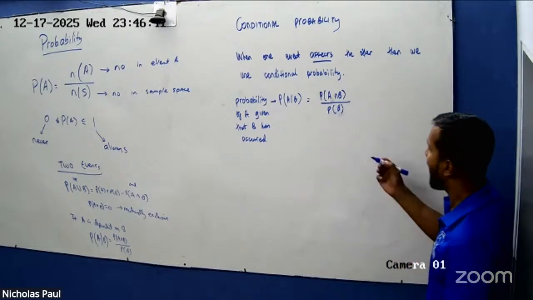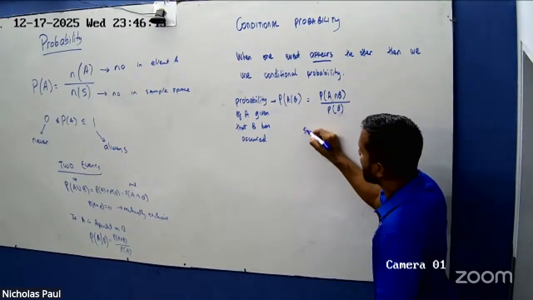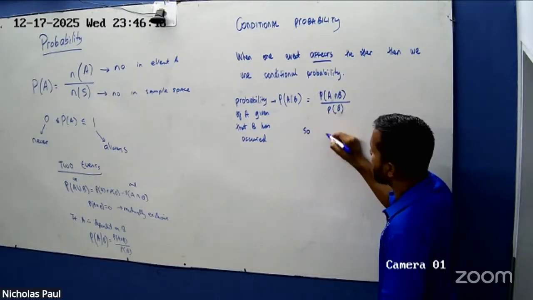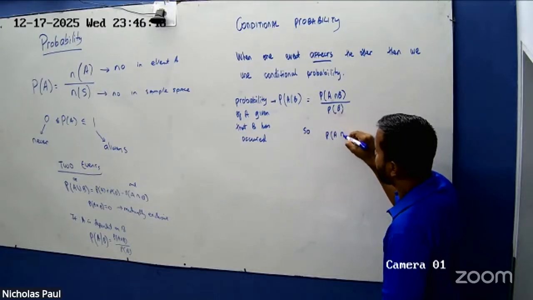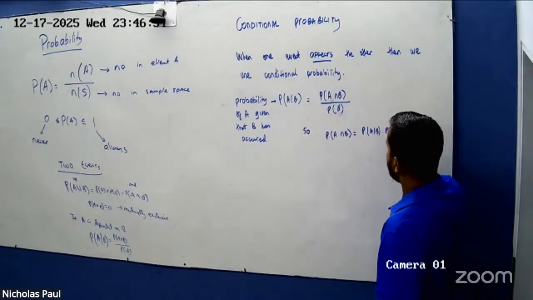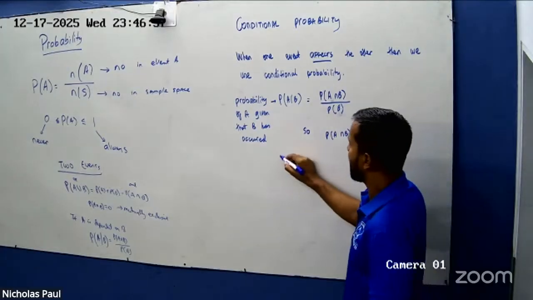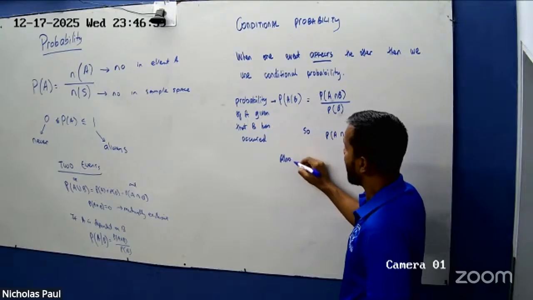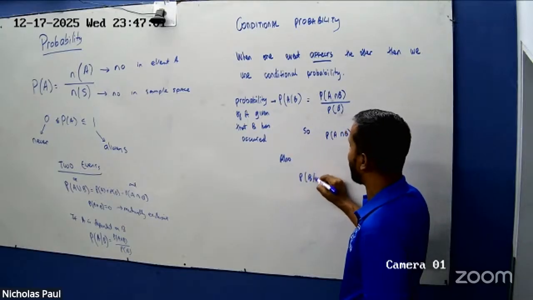And of course, if we rearrange this, we will see that the probability of A and B is equal to the probability of A given B times the probability of B. Anybody could tell me what's the probability of B given A?